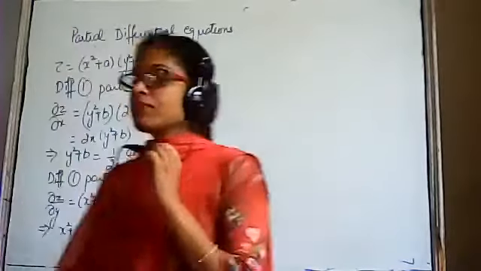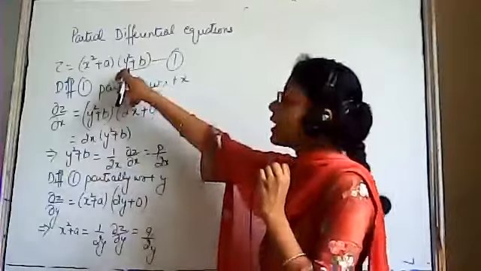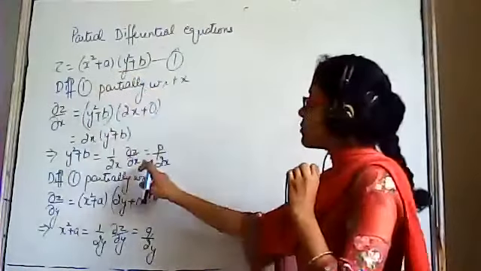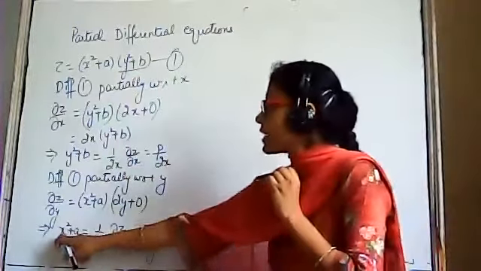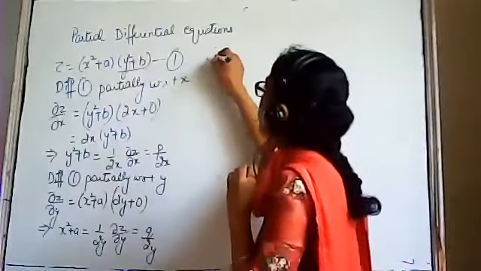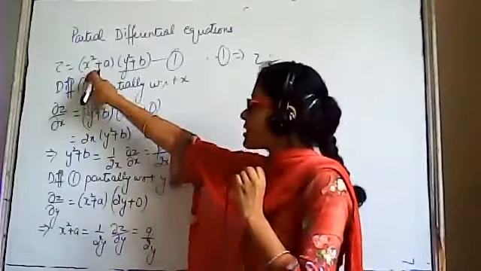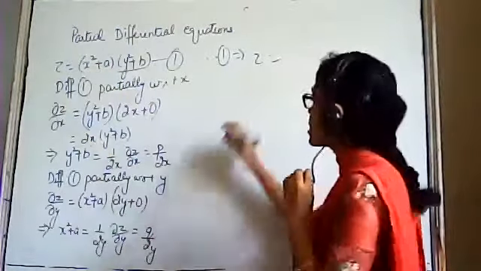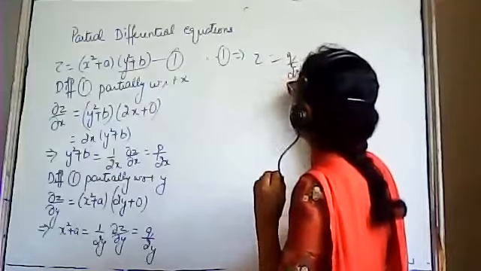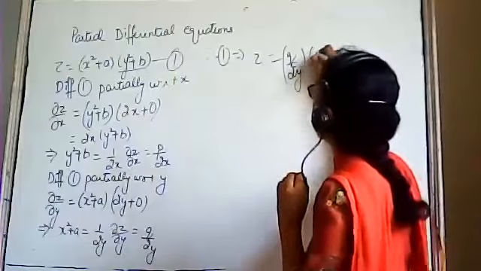So can we substitute the values of x square plus a and y square plus b in equation number 1? Substituting the values of x square plus a and y square plus b in equation number 1, we get z is equals to, value of x square plus a is q upon 2y, and value of y square plus b is p upon 2x.